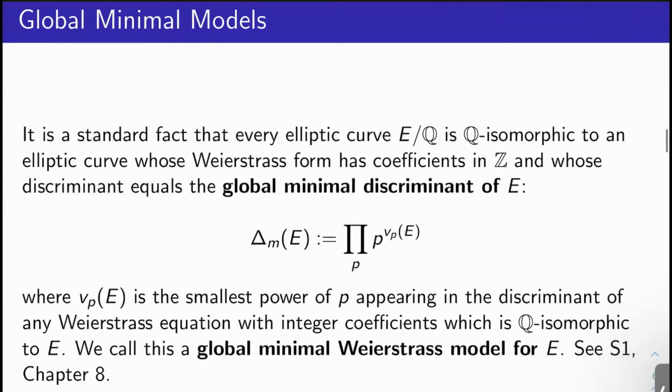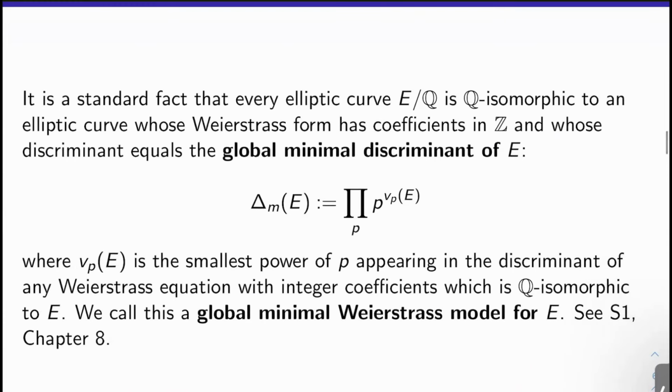Global minimal models. It's a standard but kind of hard fact that every elliptic curve E over Q is Q isomorphic to an elliptic curve which has a Weierstrass form with coefficients that are actually in Z, and whose discriminant equals what we call the global minimal discriminant of E, which is delta sub m of E, which is this product over primes p of p to the p-adic valuation of E. All I have to do to tell you the full definition of delta sub m of E is tell you what these v_p of E's are.